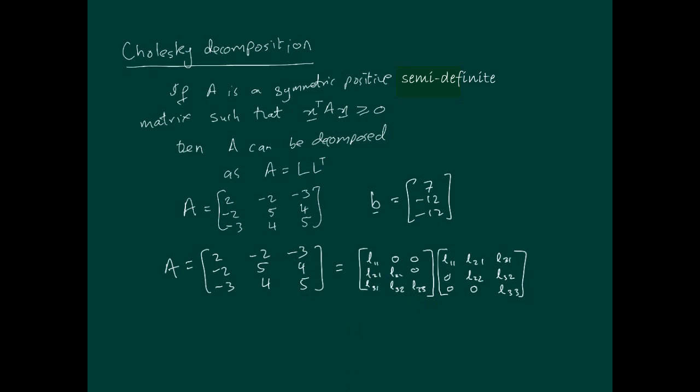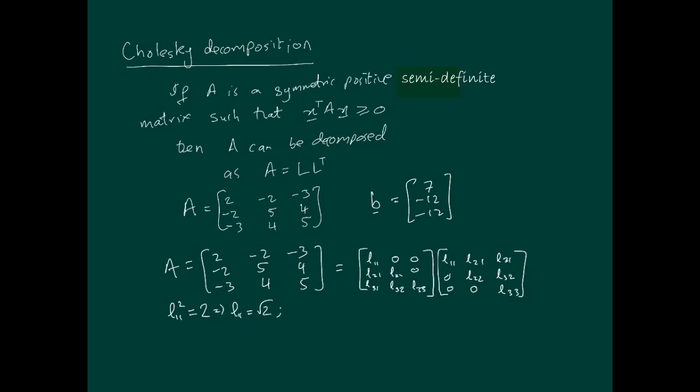So that means we will have the following situation, where the first element will be just L11 squared, and L11 squared should be equal to 2. This implies that L11 is, of course, square root 2, plus or minus. We're going to take the positive one for now. We only need one factorization, so we'll take it to be plus.